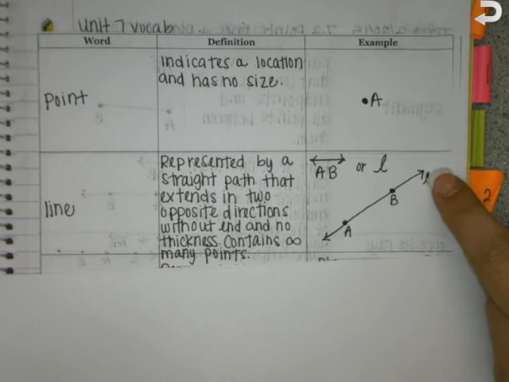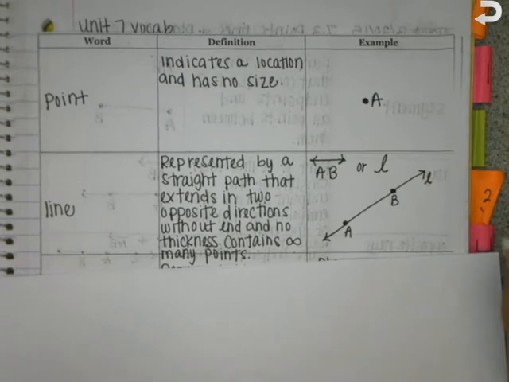And so this one is called line L. Lines are named by using a lowercase cursive letter, okay? So lowercase cursive letter. So we would call that either AB or L. They mean the exact same thing. It's usually preference or whatever information is given to you.